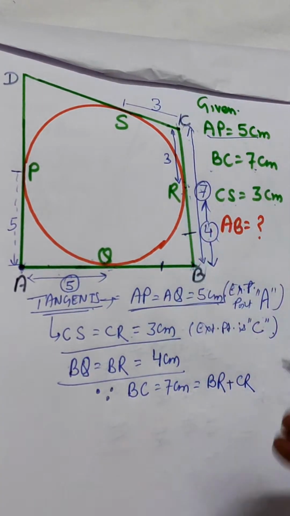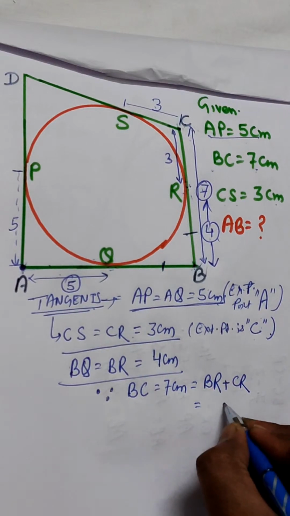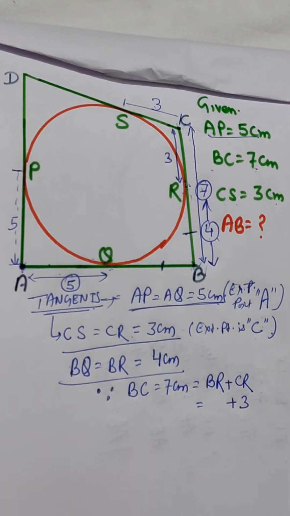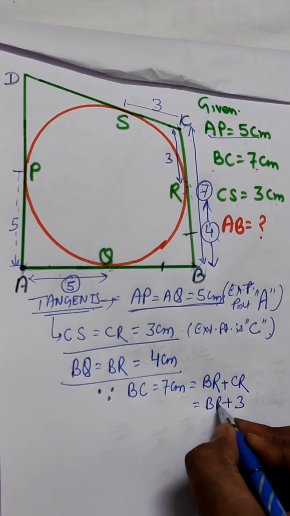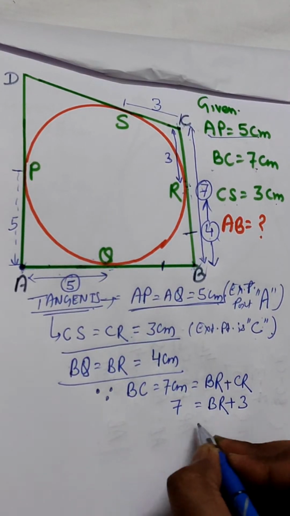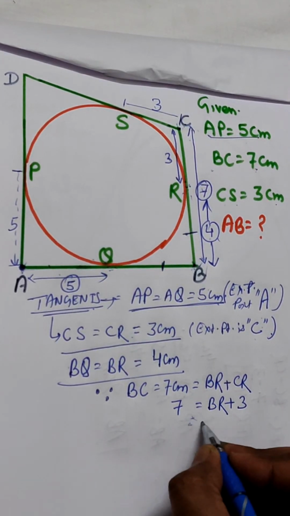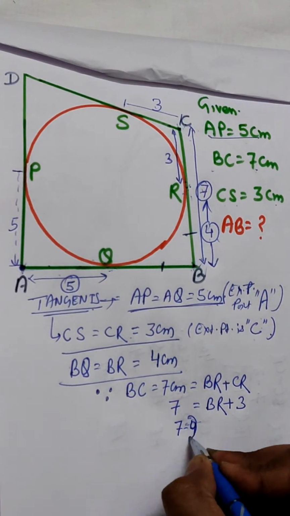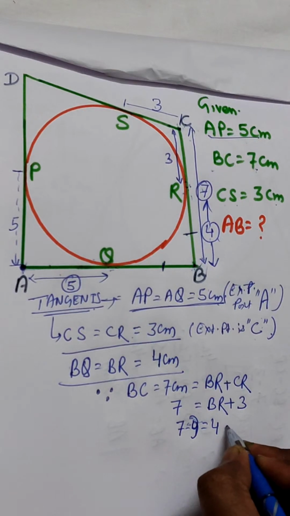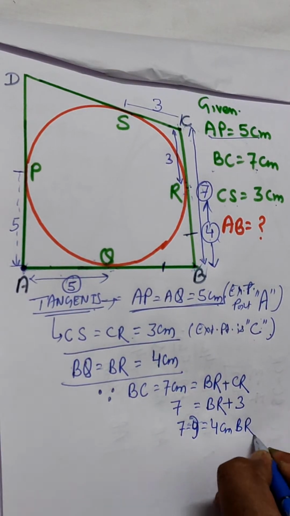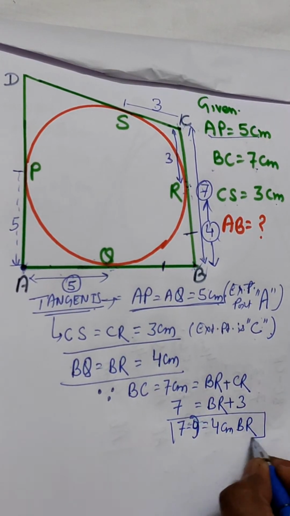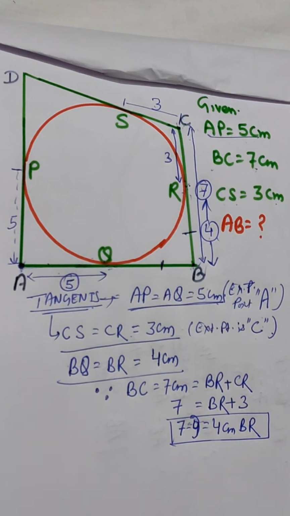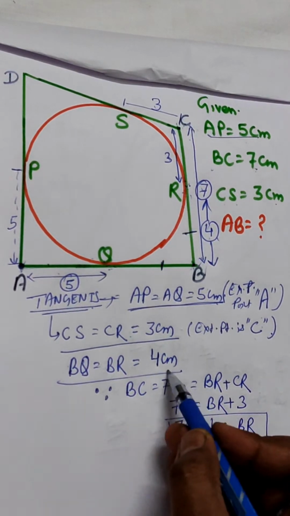And CR we have already calculated as 3. So BR can be calculated as 7 minus 3, which is equal to 4 centimeter. So this is the length of BR which is calculated, right? Now we have used the same over here.